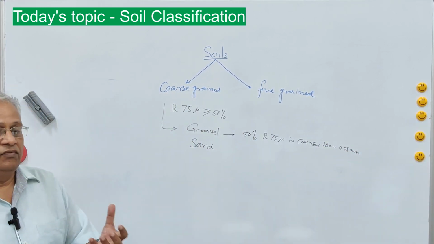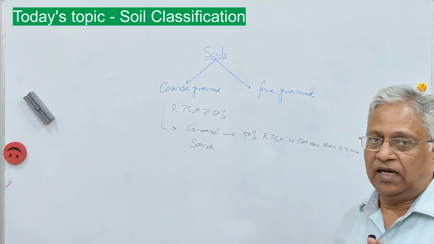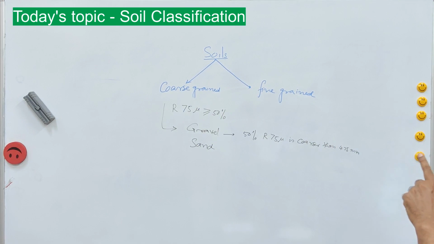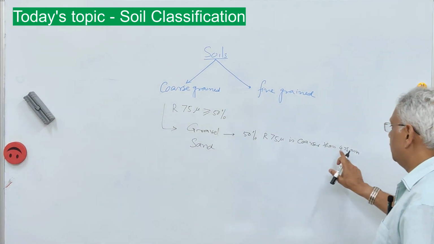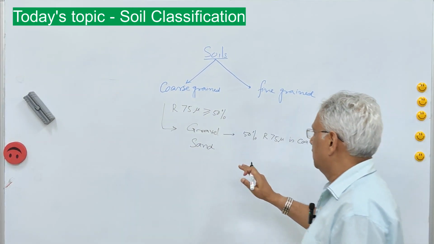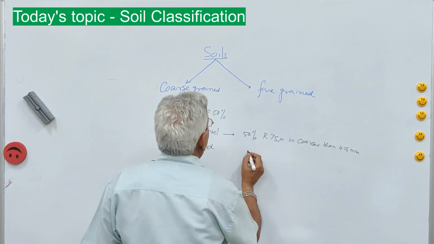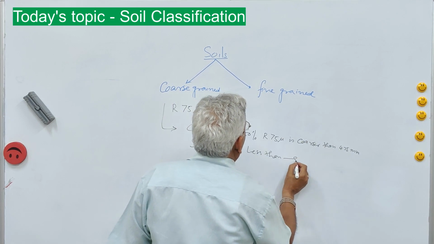That material which is retained on 75 micron, half of that is retained on 4.75, 50% or more. Half of them retains on 4.75 millimeter sieve, then it is classified as gravel. Otherwise, it is sand. If it is less than 50%, then it is sand.